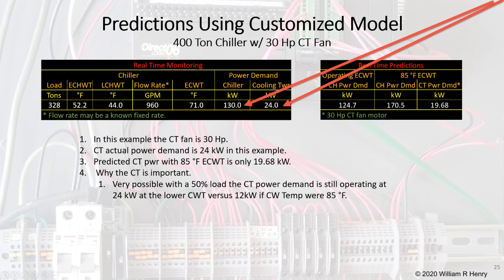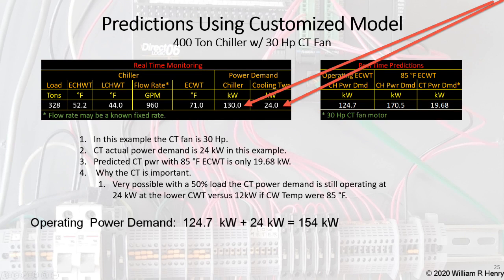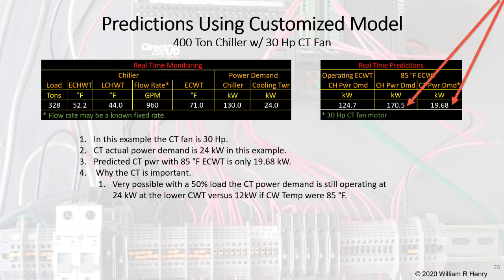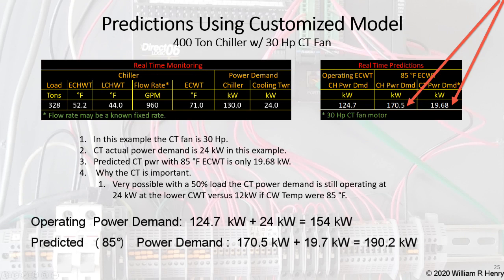When we combine the chiller and cooling tower operating demand, the total is 154 kilowatts with the 71-degree condenser water. This then can be compared with a plant operating at the design condenser water temperature of 85 degrees, with all other conditions being equal, and we see the combined power demand is predicted to be 190.2 kilowatts.